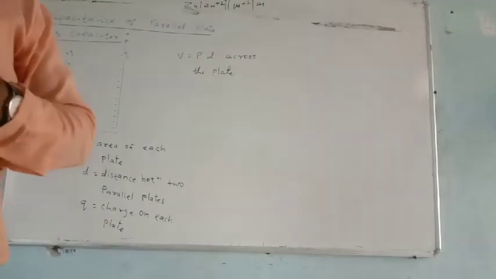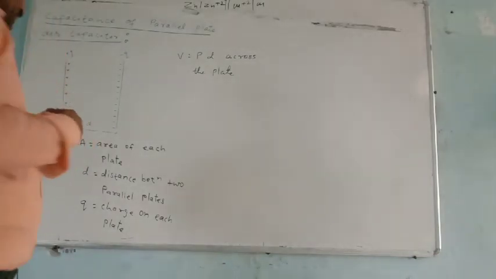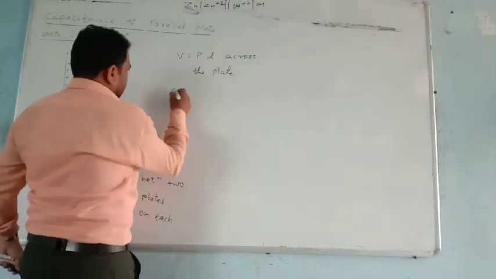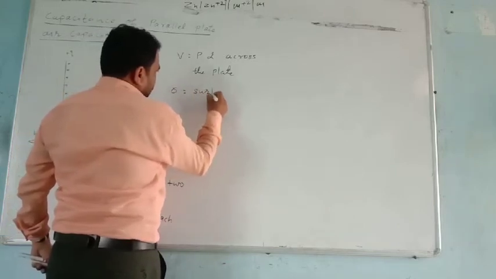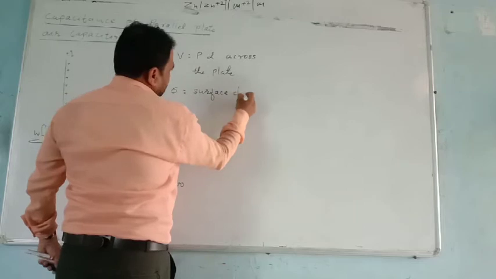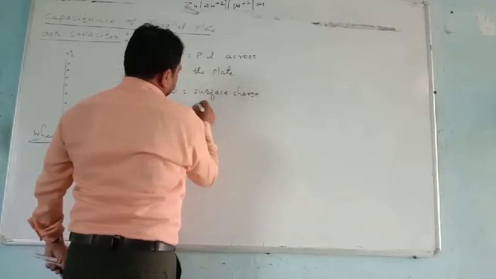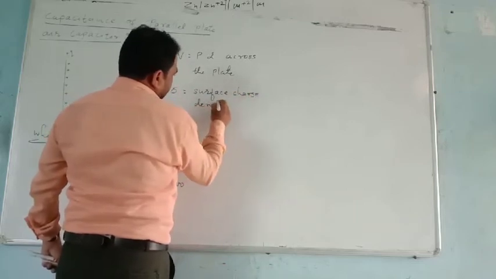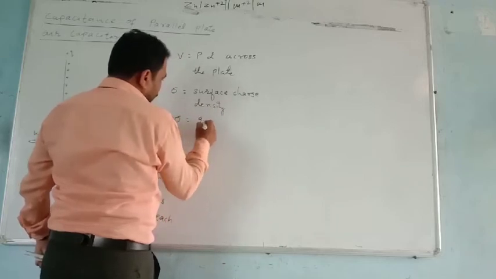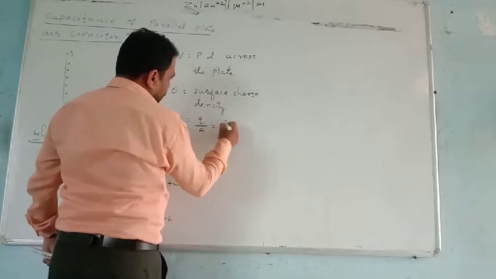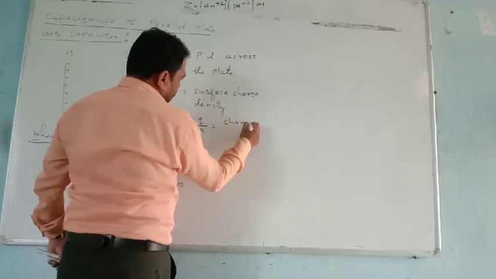Now surface charge density, that is sigma. And what is the meaning of surface charge density? That is sigma is equal to Q by A, that is charge upon area.